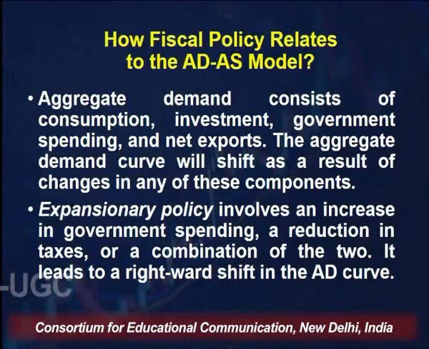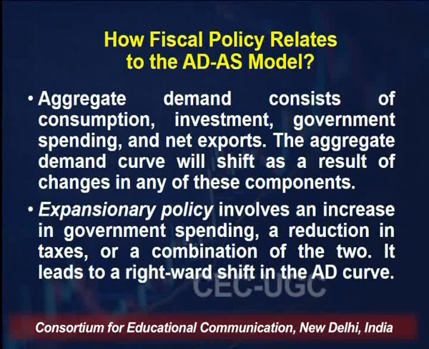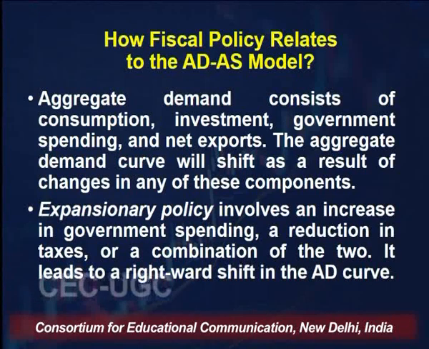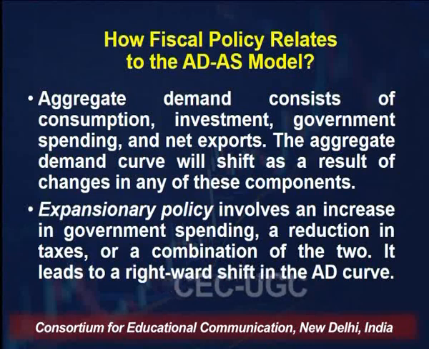Okay, now how fiscal policy relates to the aggregate demand and aggregate supply model. Aggregate demand consists of consumption, investment, government expenditure and exports. So the aggregate demand curve will shift as a result of changes in any of these components. Expansionary fiscal policy involves an increase in government expenditure, a reduction in tax, or a combination of these two. When there is expansionary fiscal policy, that will lead to a shift in the aggregate demand curve.